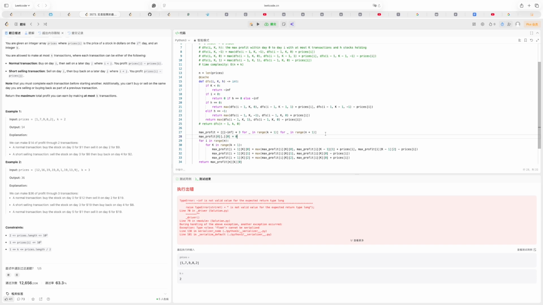So for this, we will have to add a for loop for k in range k plus 1.